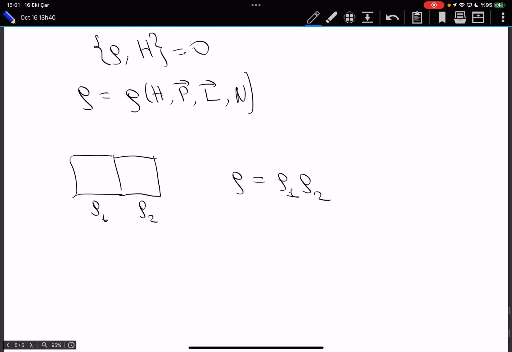Let's say that you are creating n1 copies of the first one and n2 copies of the second one. For the combined system to be able to describe the same system, you will have to make n1 times n2 copies, so that all possible combinations will be there. But this tells me that logarithm of rho is logarithm of rho 1 plus logarithm of rho 2.